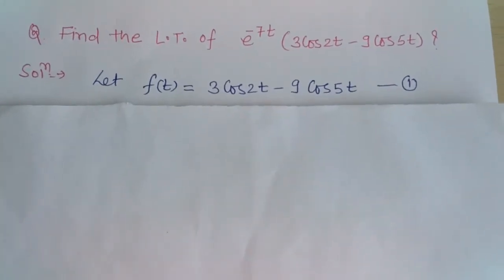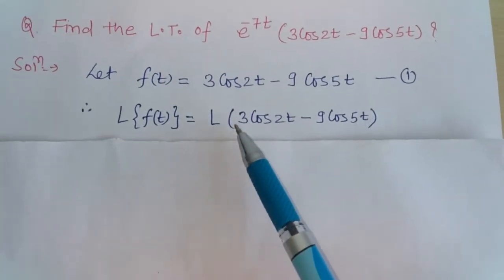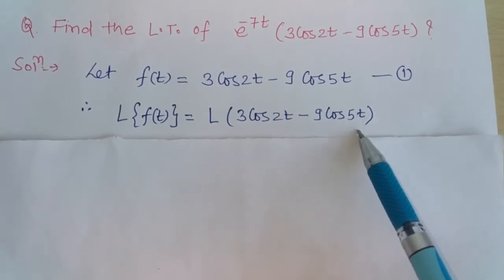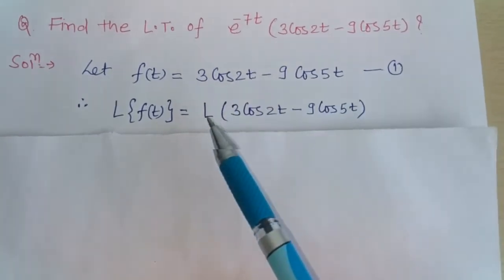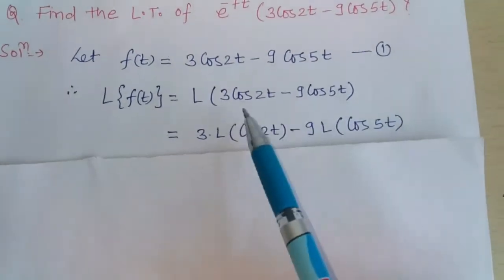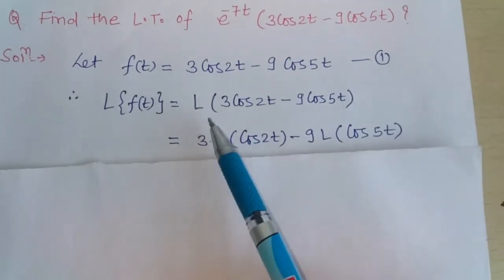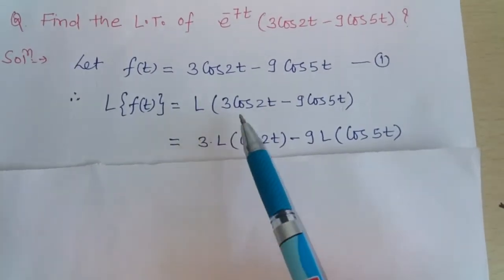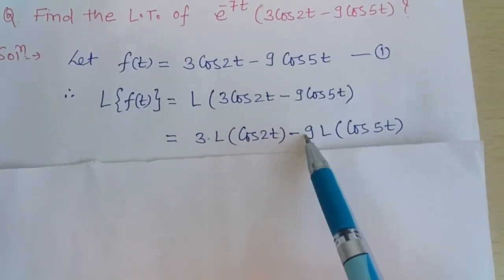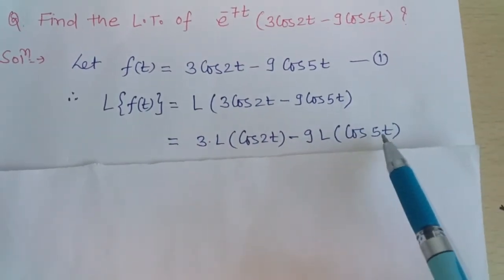Therefore, the Laplace transform of f(t) is the Laplace transform of 3 cos 2t minus 9 cos 5t. Now we apply the linear property. We get the Laplace transform of this expression is equal to 3, the constant multiple, times the Laplace transform of cos 2t, minus 9, the constant multiple, times the Laplace transform of cos 5t.